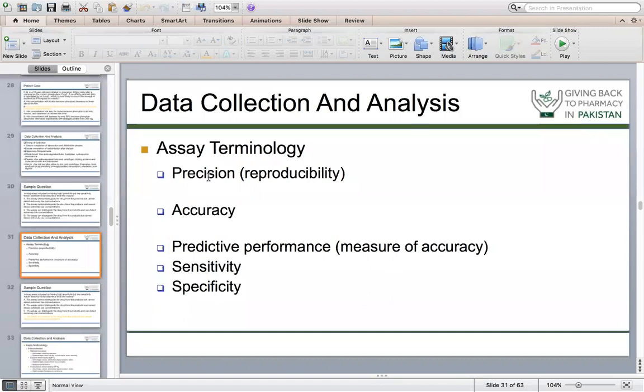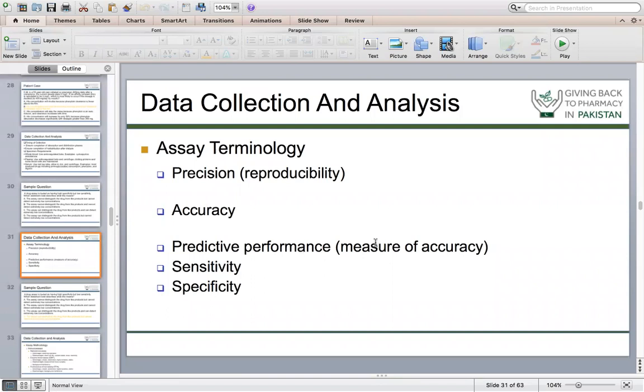And what's accuracy? Accuracy is, for example, if we give a drug and we expect that the concentration should be 5 milligrams per liter, and when we sample and check the levels in the plasma, it comes out to be 5 milligrams per liter, then we can say that this assay is highly accurate, okay?